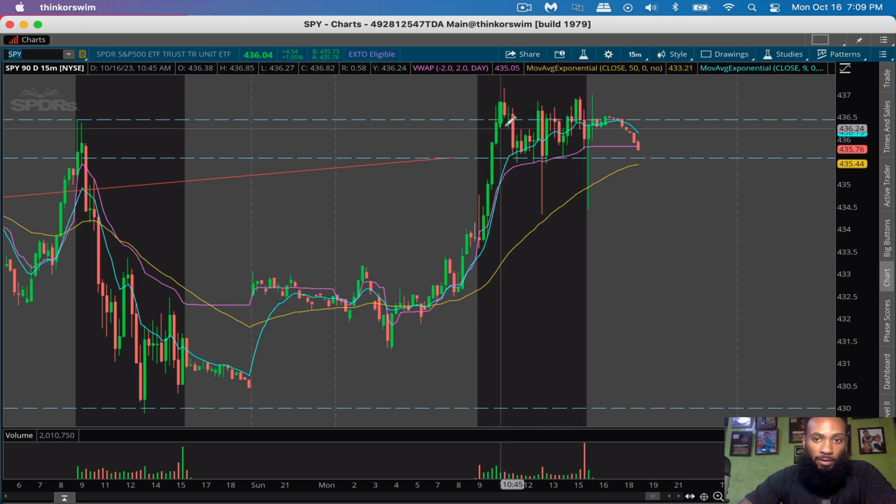Now notice Meta, it kept on moving up after that 11 o'clock point, and that is a signal of strength in Meta, because the SPY was actually moving sideways, right? So when you compare the two, you see that Meta is moving stronger than the SPY, which could give you some insight for what you could expect tomorrow from Meta.